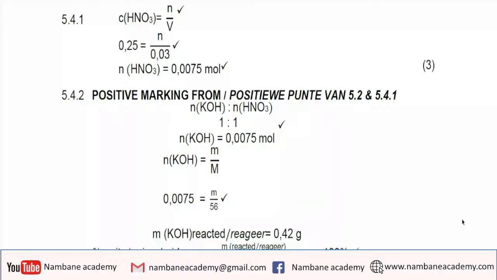Then they go into that purity formula, which will still get their mark, taking their 0.56 divided by 0.9 multiplied by 100. They will get a mark there, and then come out with their purity as 62.22% for 5 marks. And then question 5 will reach the total of 15 marks.